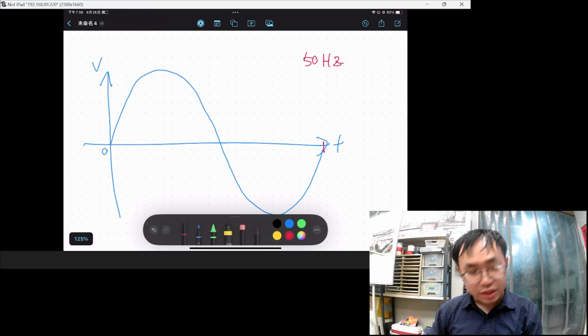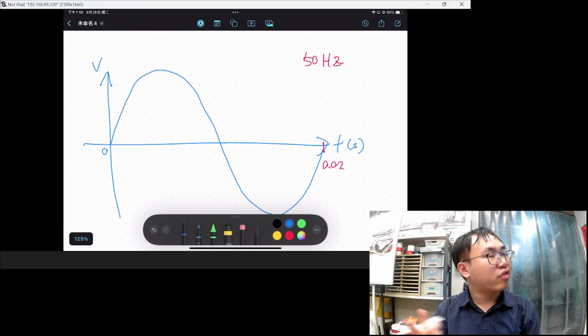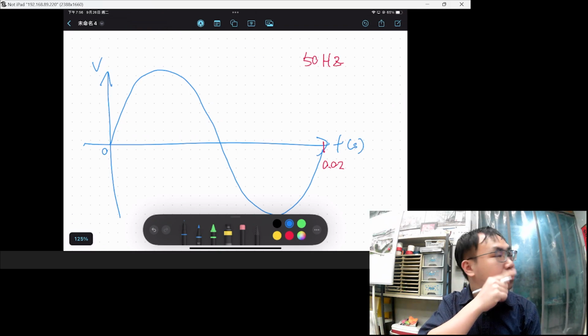So how much time does it require to travel one cycle? The time here is 0.02 seconds. It is 1/50, you can calculate it yourself.